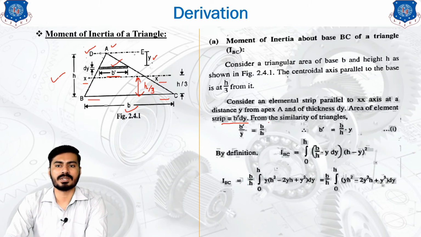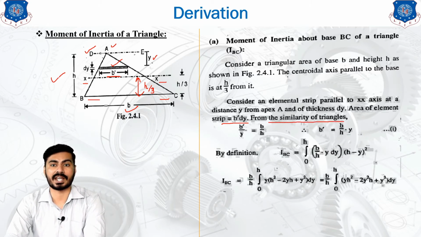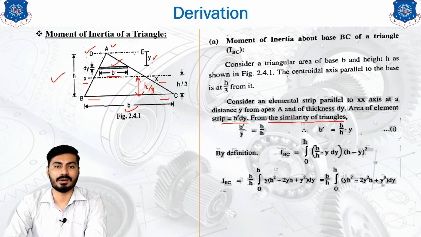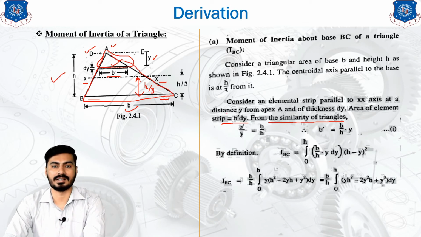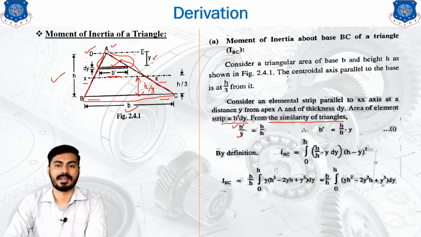Okay, so from the similarity of the triangles, we know the similarity rules of the triangles. Which triangles are we considering? This upper triangle and the large triangle. For the upper triangle, the base is B dash and its height is y, and for the large triangle the base is b and its height is h.